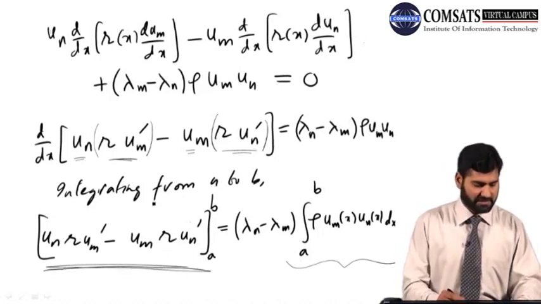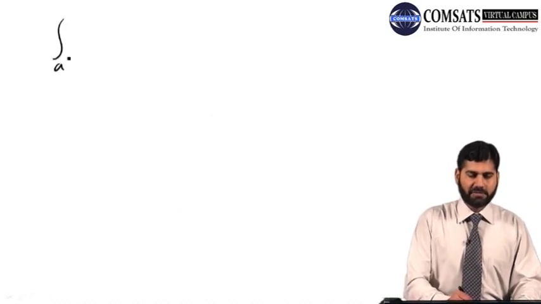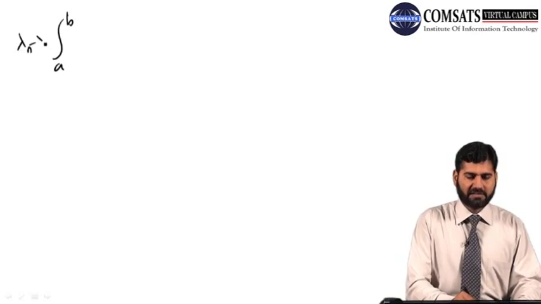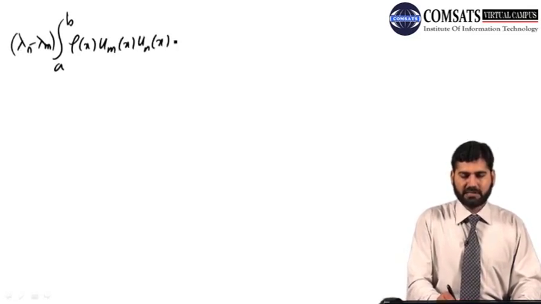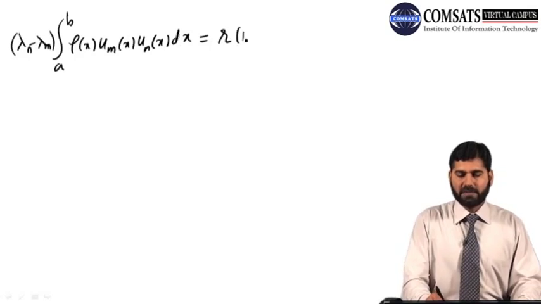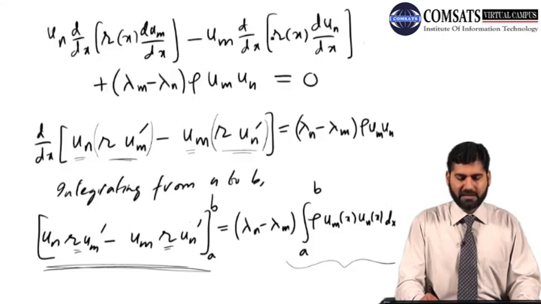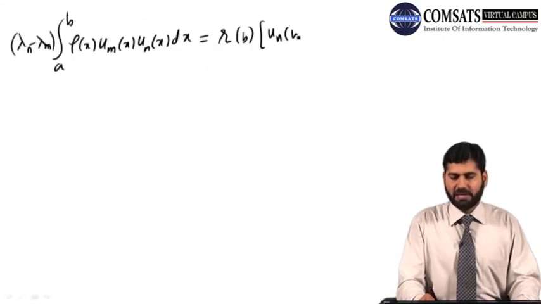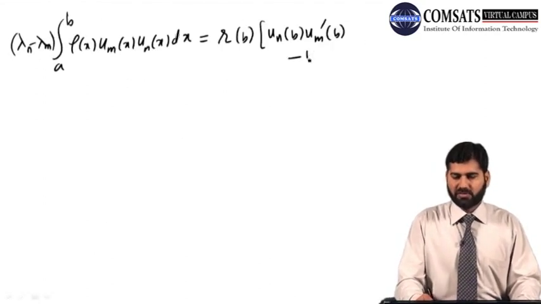So let's simplify the left hand side. R is common here. So I can take the value at b first. Let me write the left hand side on the left, because this is what we need. Lambda n minus lambda m times the integral of rho(x) um(x) un(x) dx is equal to R at b, and this is common, so I'm writing it outside, and you have un at b, um prime at b minus um at b, un prime at b.